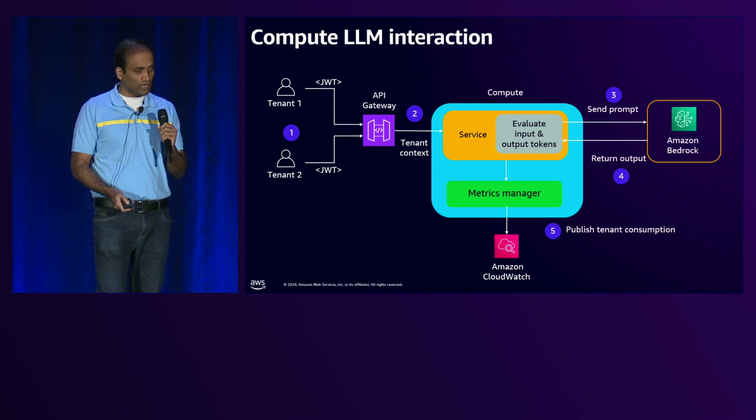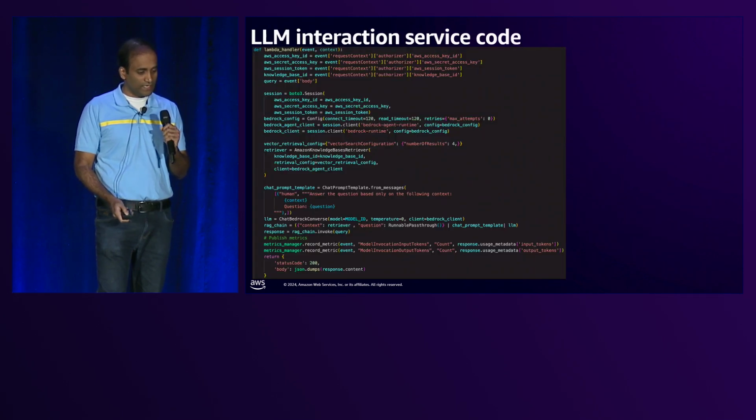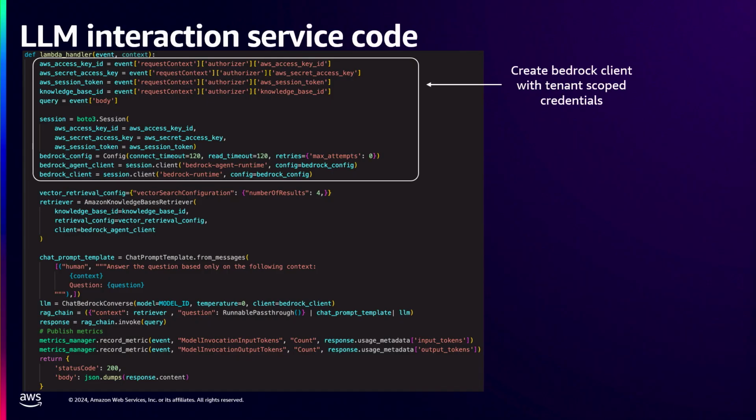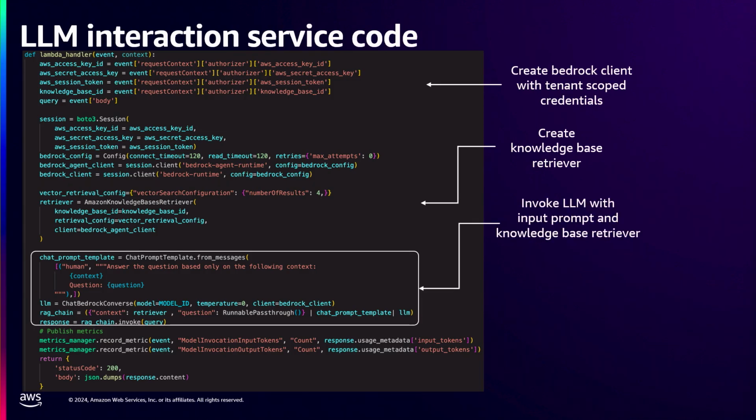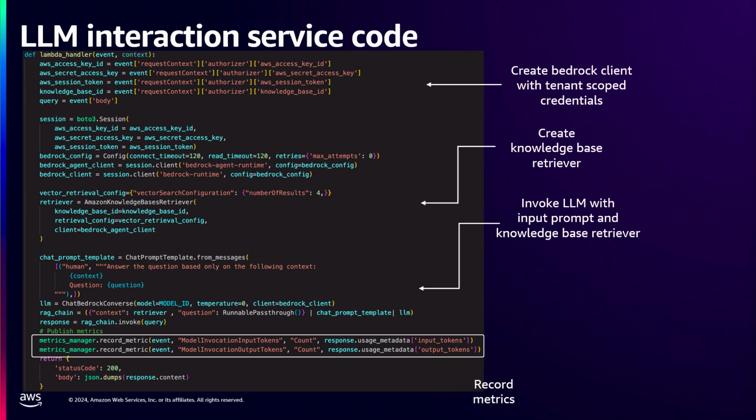If you look at the code of this service, the first thing it does is get the scoped credentials and create a Bedrock client. Then it creates a knowledge base retriever with that Bedrock client, and then you invoke the LLM. This is where you would use the Converse API to invoke the LLM. Based upon the response, you would use this metrics manager library, where you can see I'm passing the input event as a parameter.